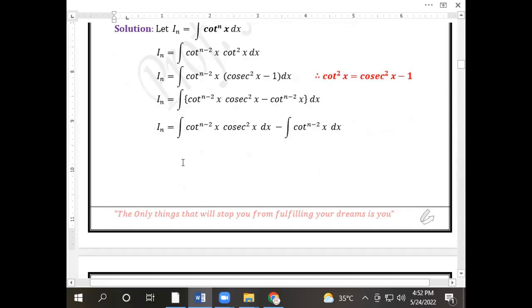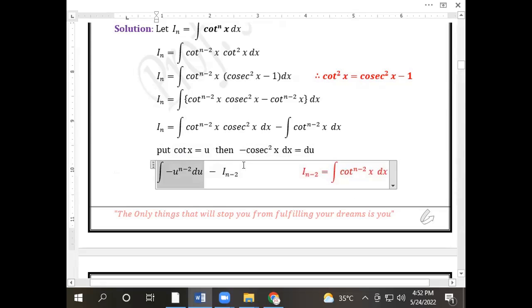So again, we have to find the integration. Put cot x equal to u, and we know that the derivative of cot x is minus cosec square x, so cosec square x dx is minus du.